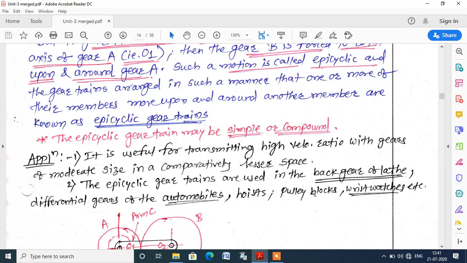In another application, these epicyclic gear trains are used in the back gear of a lathe machine. Another very important one, differential gears of an automobile. They are also used in hoists, in wheel blocks, and in wristwatches. Etc. So a lot of applications are there. So these are very important gear trains.